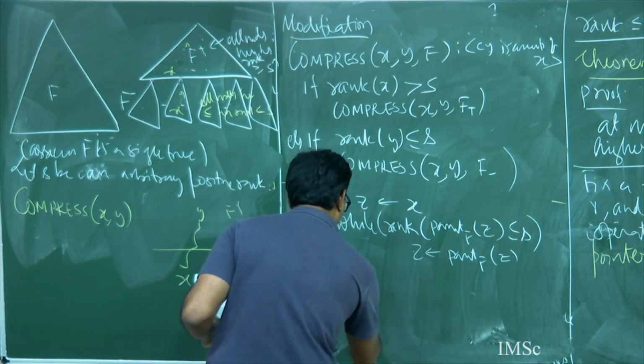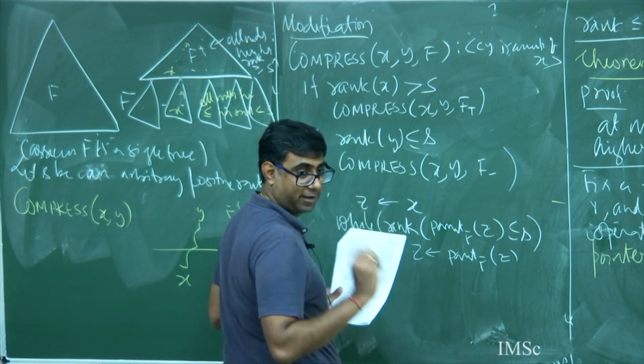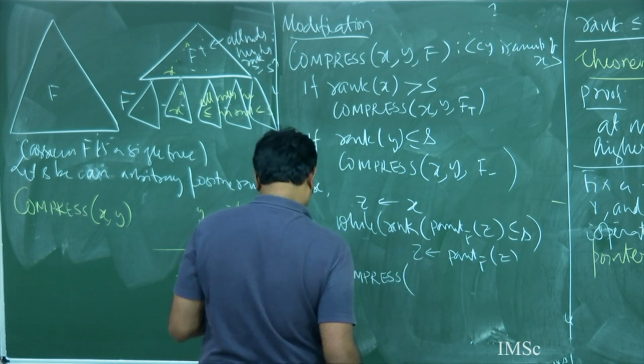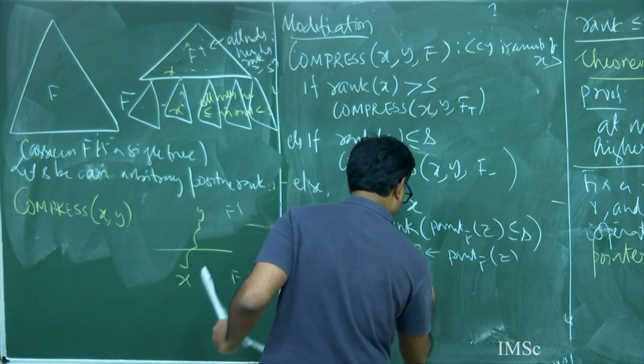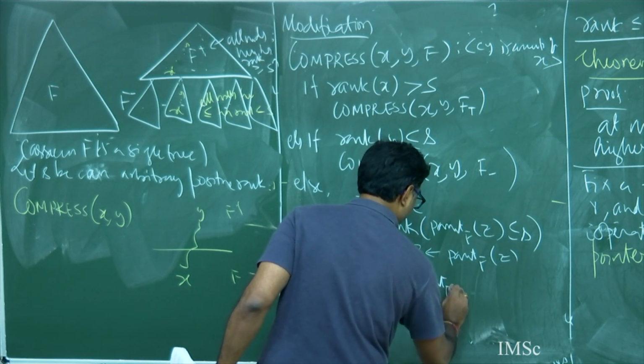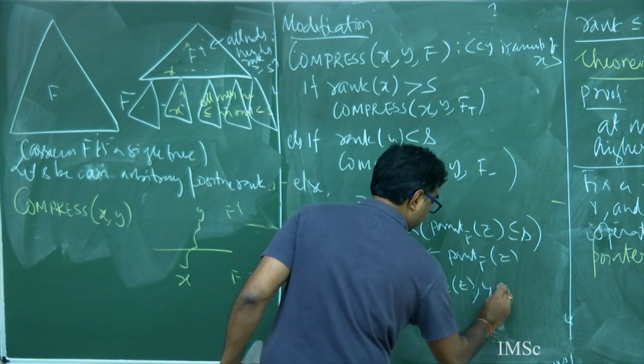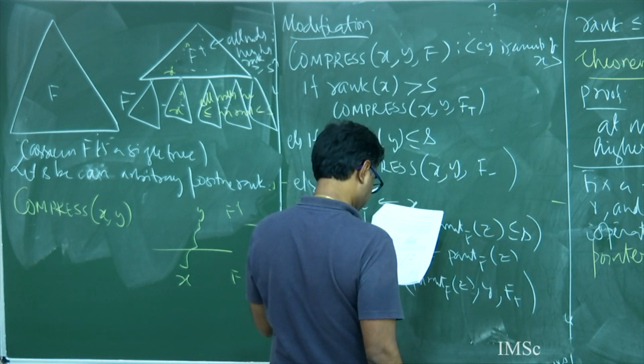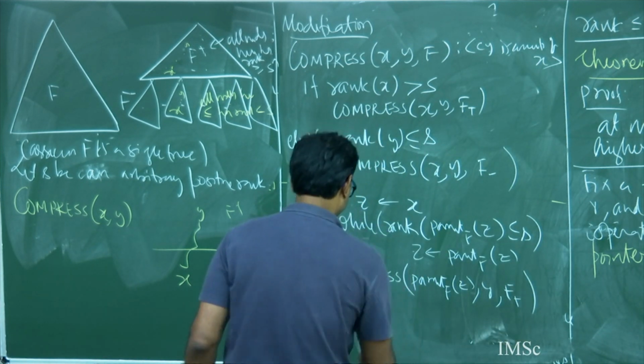So now what will I do? Now that I have found that cut element, what will I do? Compress the parent of F of Z, comma Y in F plus. Okay?